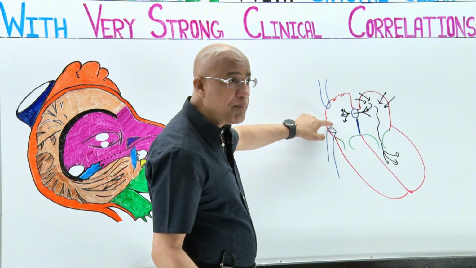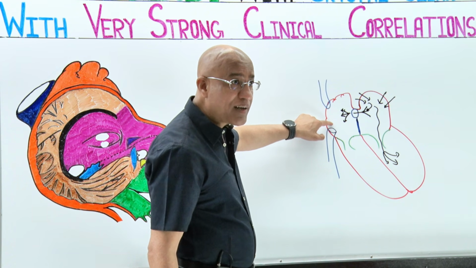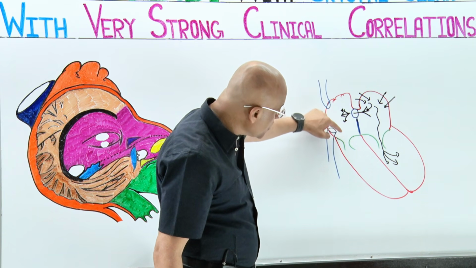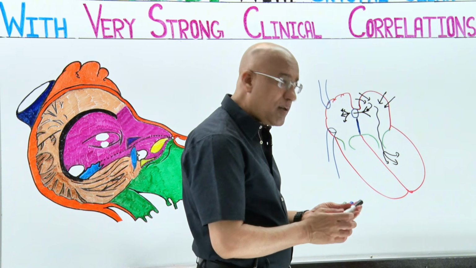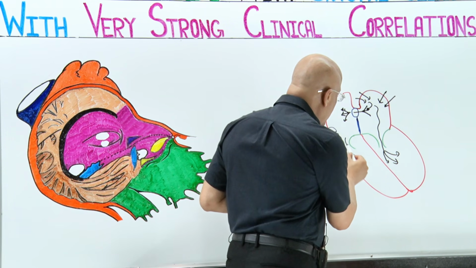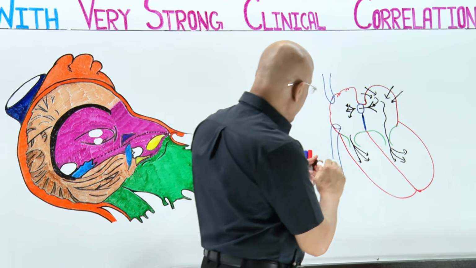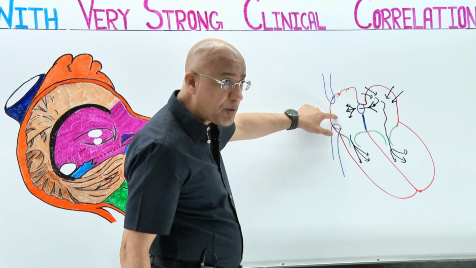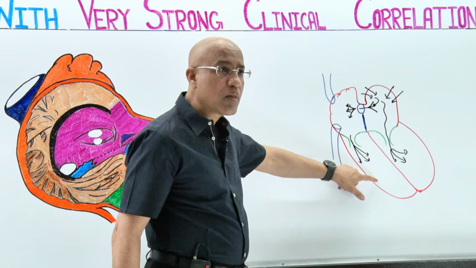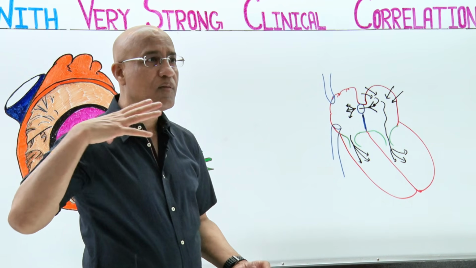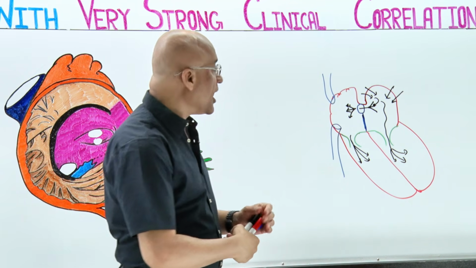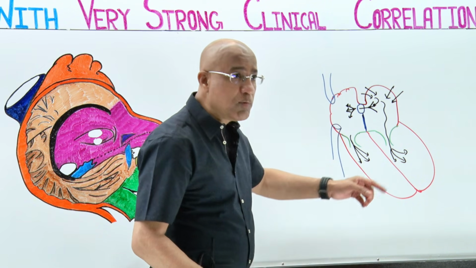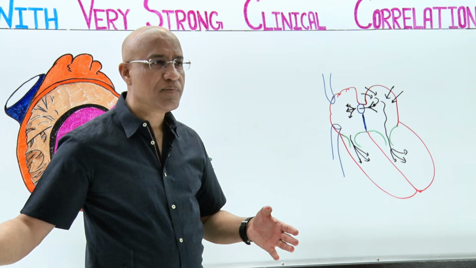So the right atrium will become volume overloaded, with higher pressure, and it will contract and push more blood to the right ventricle. The result is volume overload in the right atrium and eventually in the right ventricle. So the right atrium will get enlarged and hypertrophied, and due to this volume overload, the right ventricle will also get enlarged.